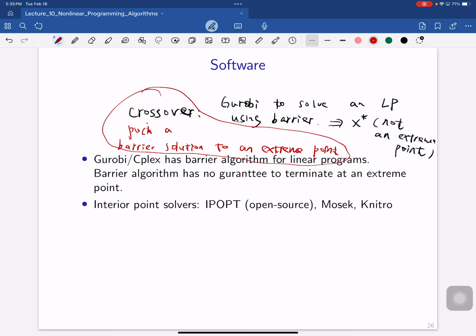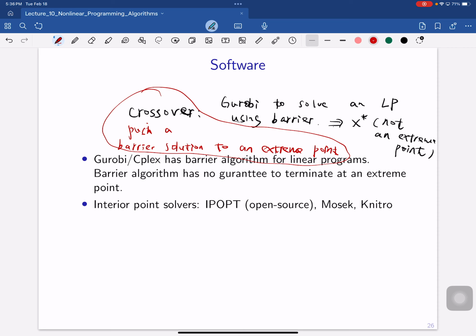First, you use a barrier algorithm to get a solution, but that solution is not an extreme point. Then crossover will try to push this solution to an extreme point. And sometimes what you will find out is when you use Gurobi, crossover could take much longer than getting the solution from the barrier algorithm itself.